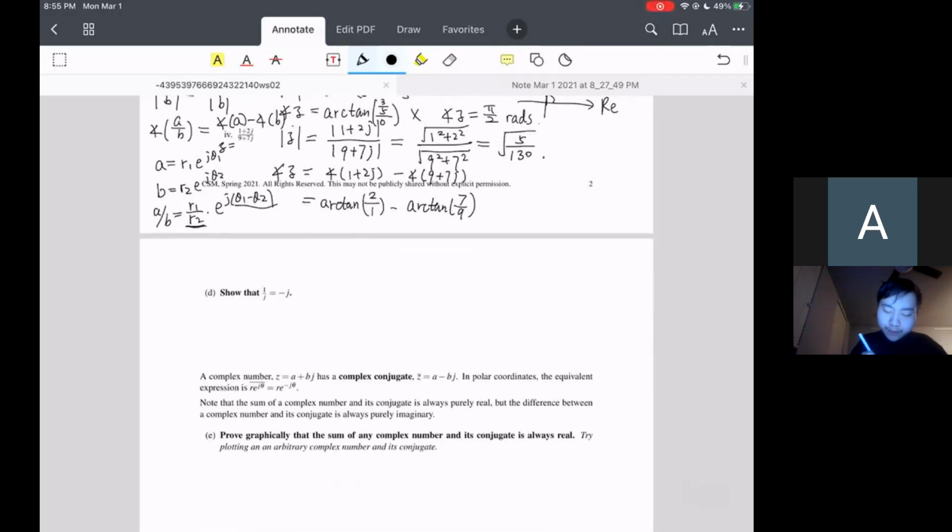So what we're going to do is multiply both the numerator and denominator of the fraction by j. So we get 1 over j being equal to j over j squared. And j squared we know is equal to negative 1. So we have j over negative 1, which is equal to negative j. Okay. And we have our statement.